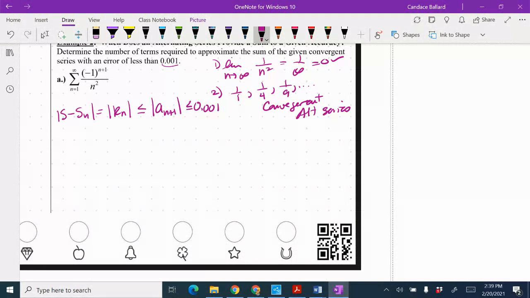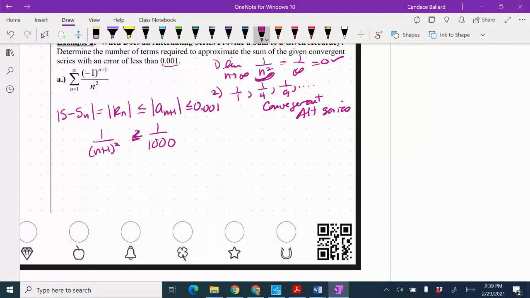So I'm going to take my series, the absolute value of it, and plug in n plus 1, and then I'm going to make that less than or equal to 1/1000th. If I think about what that's really doing, that is 1 over 1000.